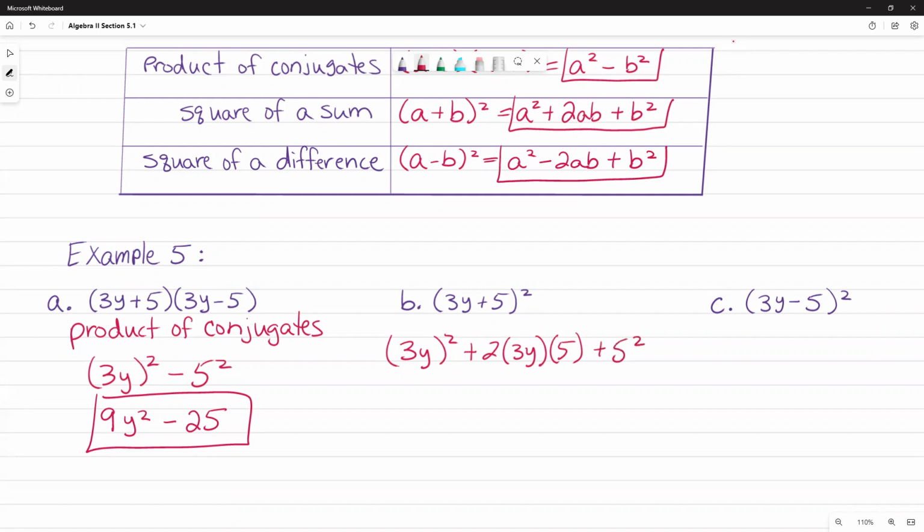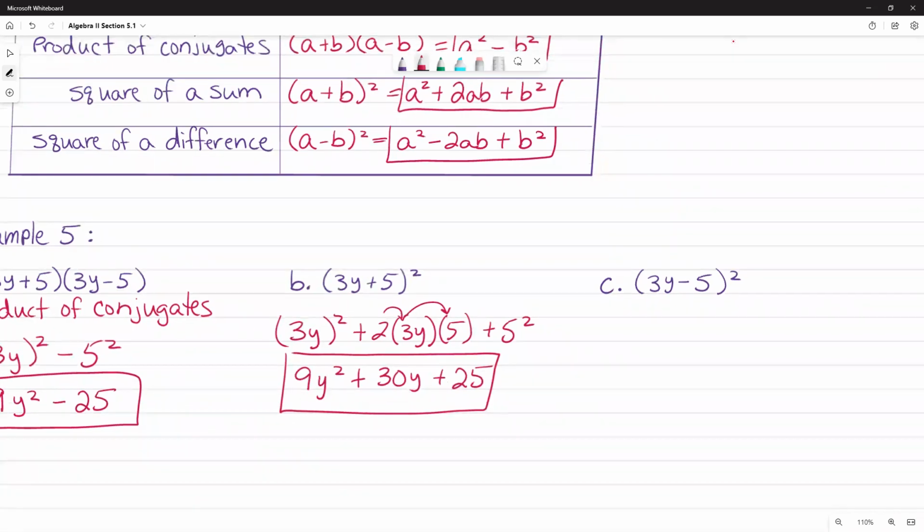All right, so this simplifies to 9y squared. 2 times 3 is 6, 6 times 5 is 30. You can go ahead and combine all of your constants. That y just gets stuck in there. And then you have 25.